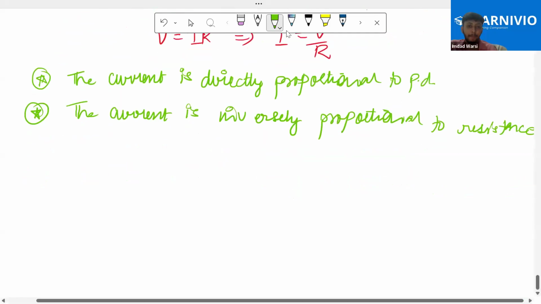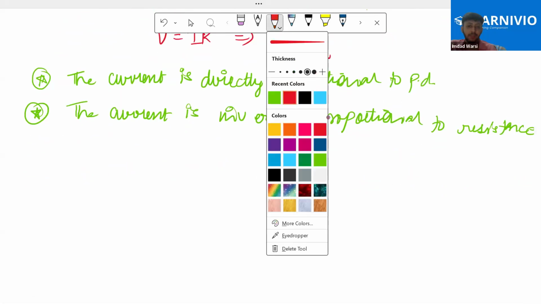Okay, so write this also. These points we also write.